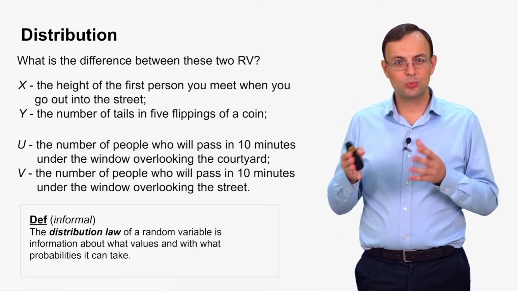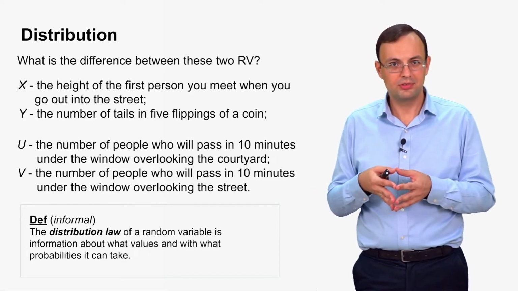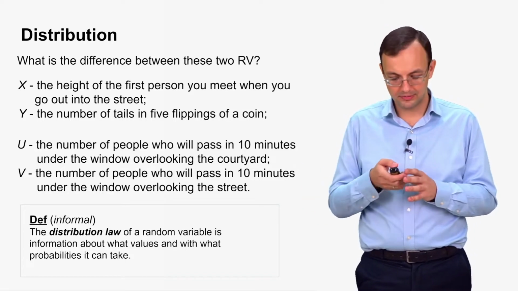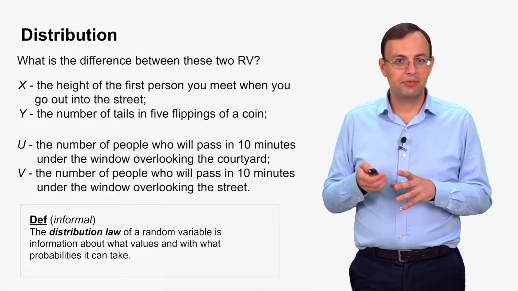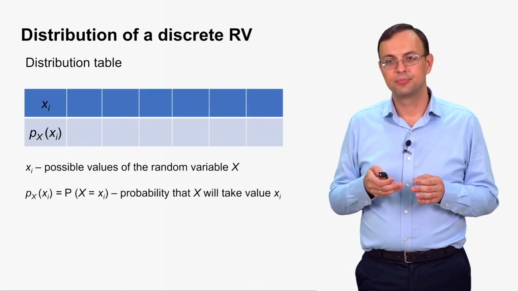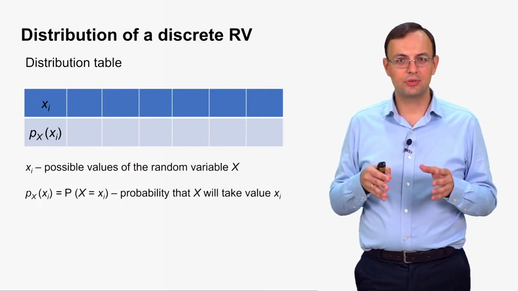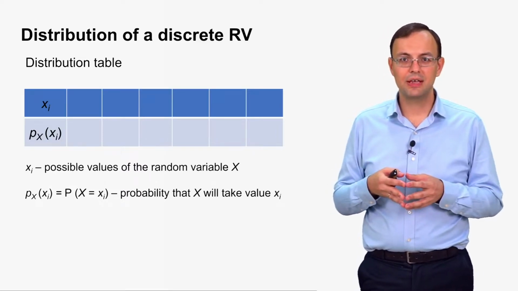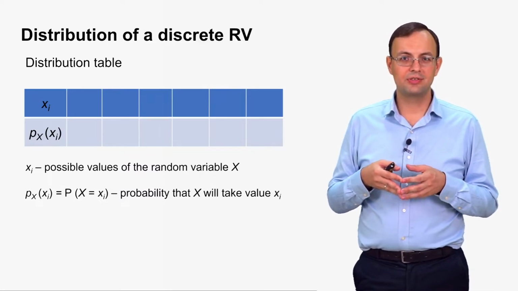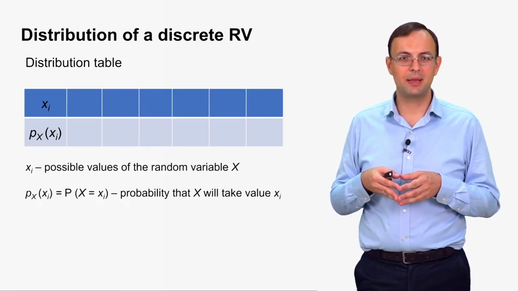But the next question is how to describe a distribution, how to describe a distribution law of a random variable. There are three ways to do this. The first way is valid only for discrete random variables, and sometimes we call this a distribution table, sometimes we use the term PMF.